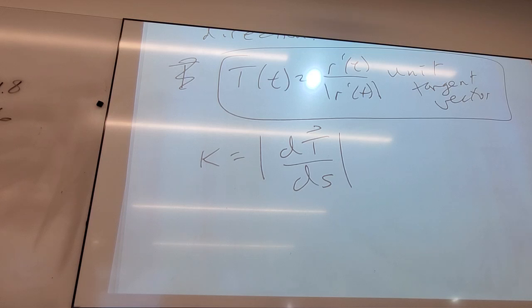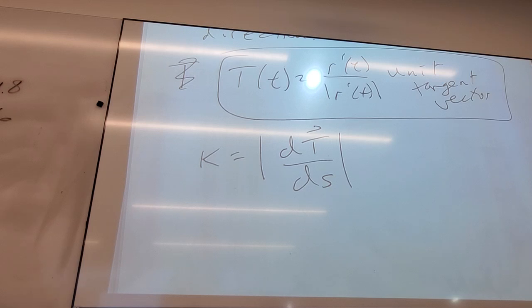So isn't that like the second derivative? I really want you guys with me. What was T again? It's r prime divided by the length of r prime, right? So isn't there a derivative of r already with T? That's the first derivative. Isn't the curvature another derivative of T? Isn't that related to a second derivative of r?